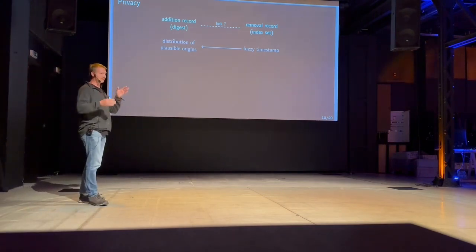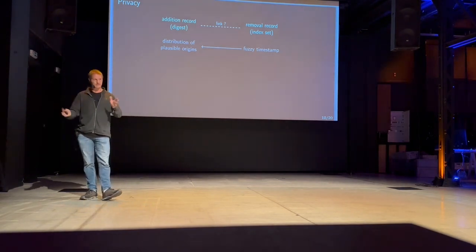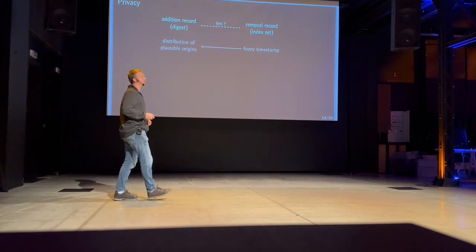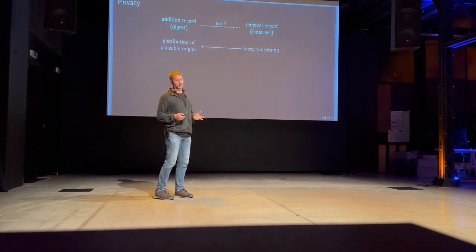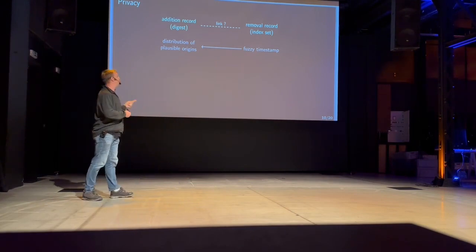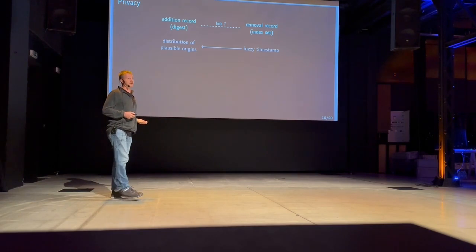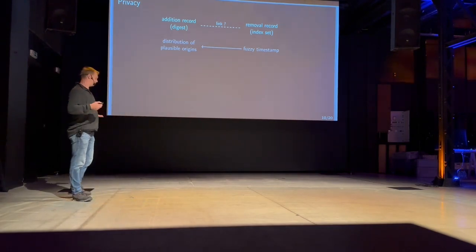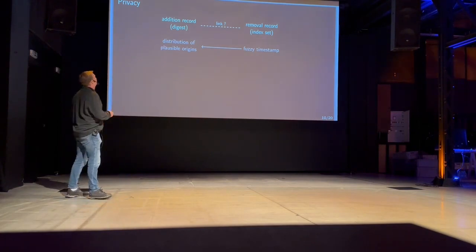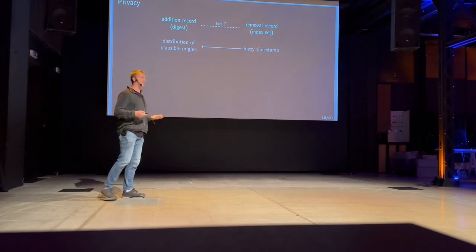We don't know the exact demarcations where the window starts and where it ends, but it is a probabilistic indication. So we have a fuzzy timestamp coming from the removal record. And with the fuzzy timestamp, we can infer a distribution of plausible origins. This is something we can't really get around. The argument is rather this distribution is sufficiently wide to make privacy feasible.